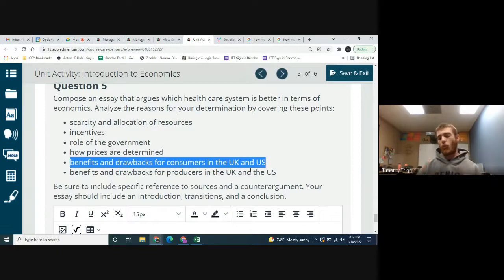Then you want at least 1 paragraph where you talk about some of the benefits of the UK system and then briefly explain why those benefits don't outweigh the costs of that system. Okay. And if you're arguing that the UK system is better, then just vice versa, right?